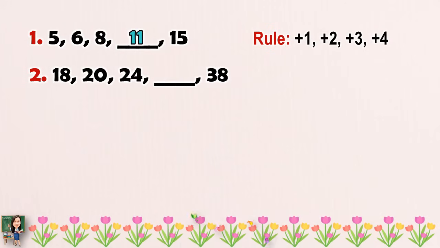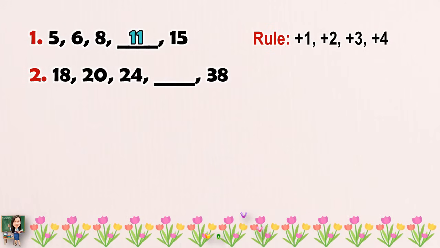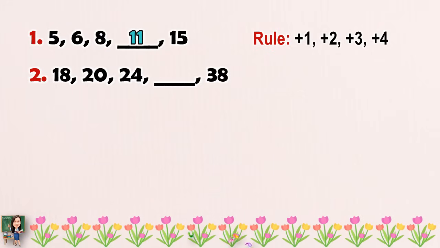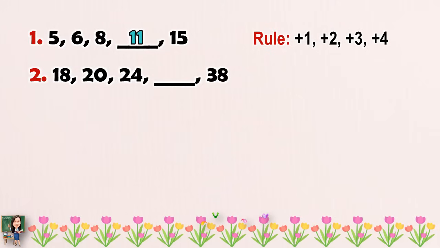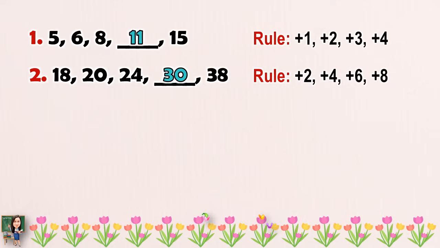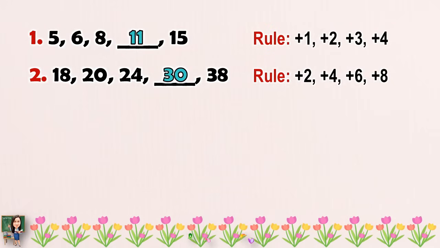Number 2, 18, 20, 24, blank, 38. What is the missing term? Very good. The missing term is 30. And the rule is plus 2, plus 4, plus 6, plus 8.